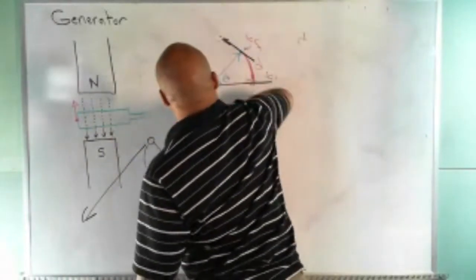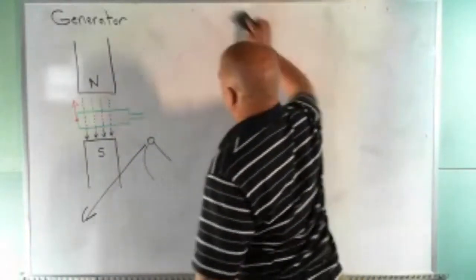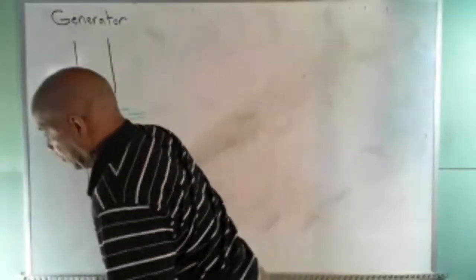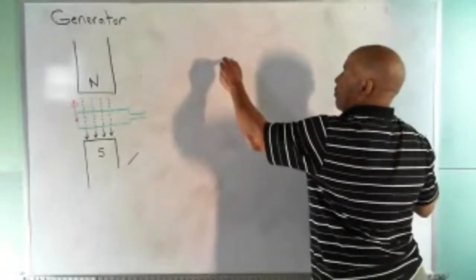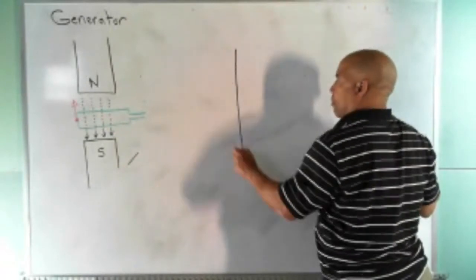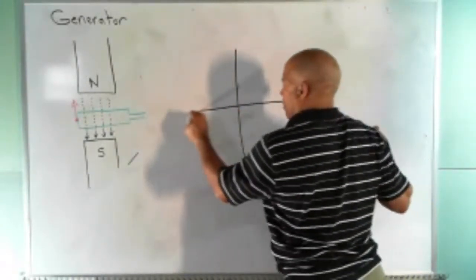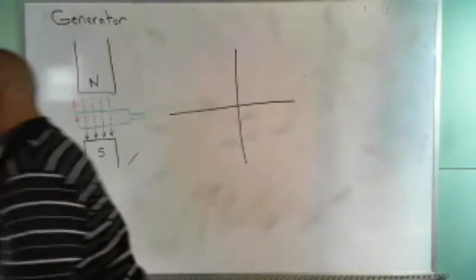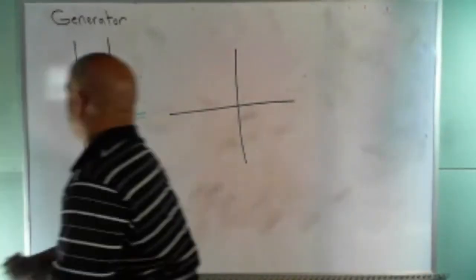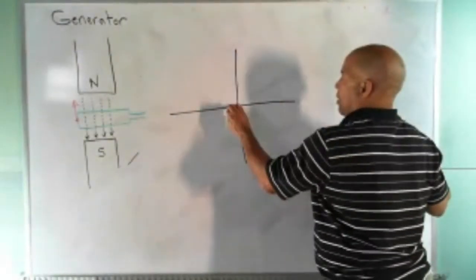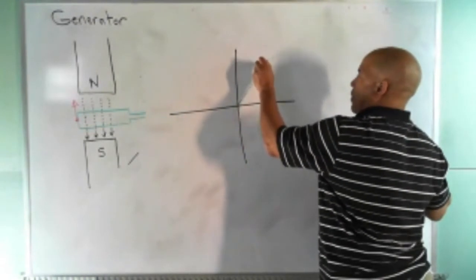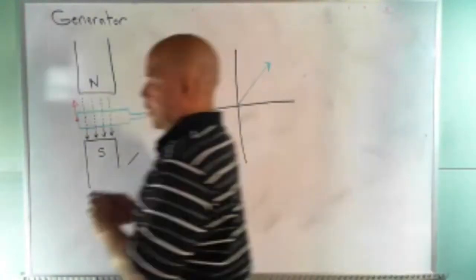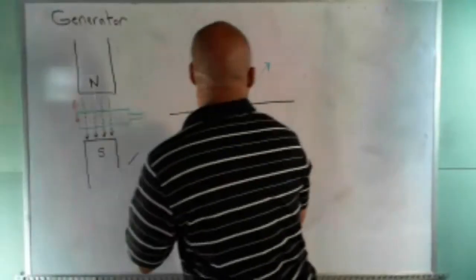Let me redo this. I redraw this, and I put my phaser in there, and that phaser is going around the circle 360 degrees.